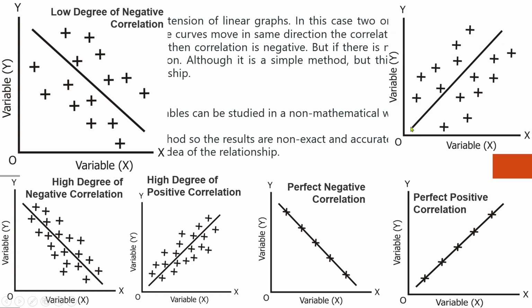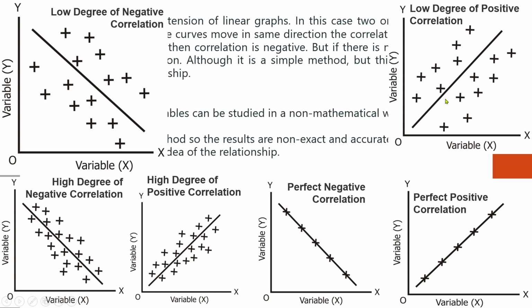This one moves from left to right with an upward movement. So we can say low degree of positive correlation. So these are the situations in which there exists correlation. Here there exists a good form of correlation. In these two figures there exists at least a low degree of correlation.